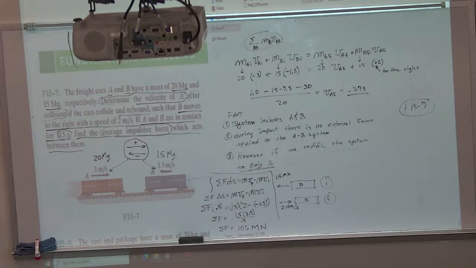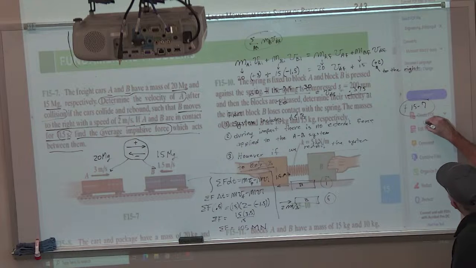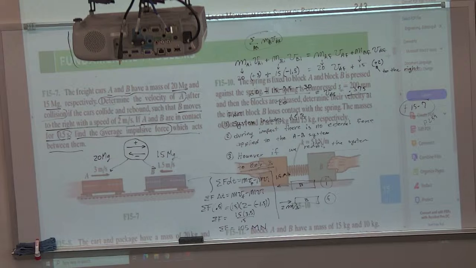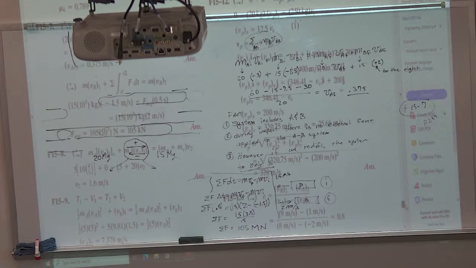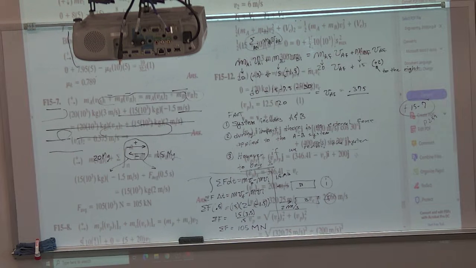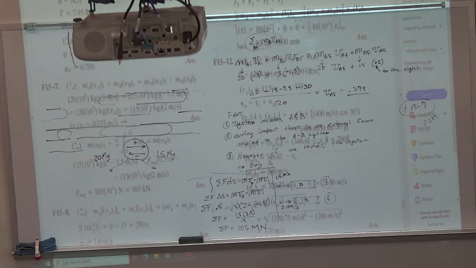I hate to do this, but I'm going to do it and come back. This is page 259, where the original problem existed. I'm close. 15.7. There it is.